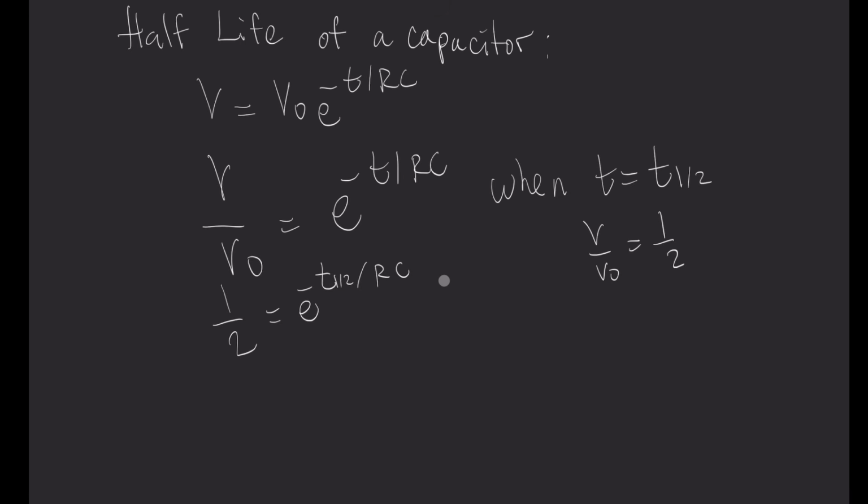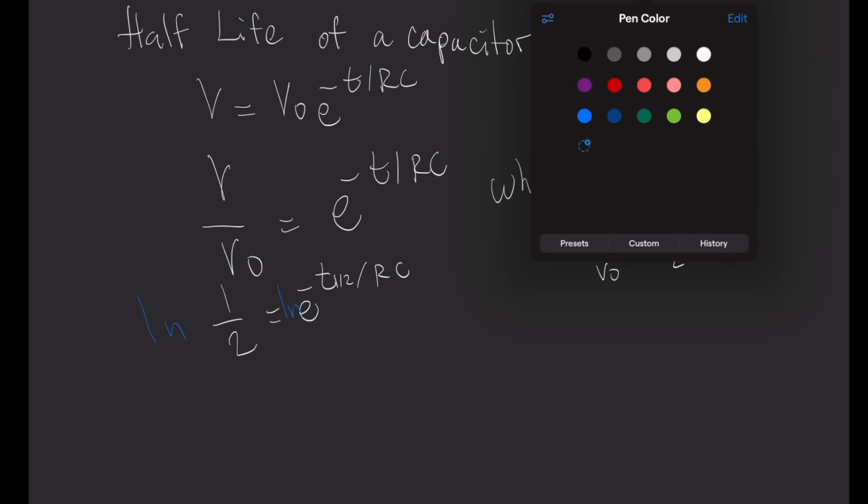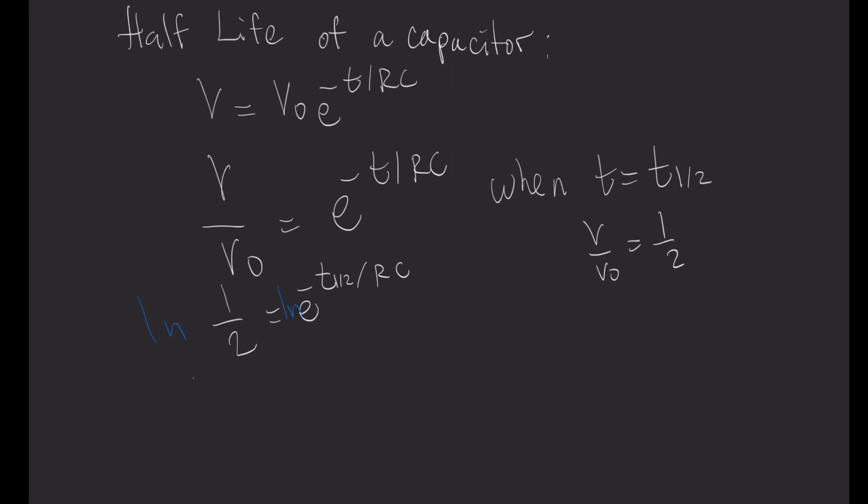So let's take the ln of both sides. Then what we're going to get is ln of 1 over 2 is equal to minus t half over RC. The minus will flip the ln, so ln of 2 is equal to t half over RC.